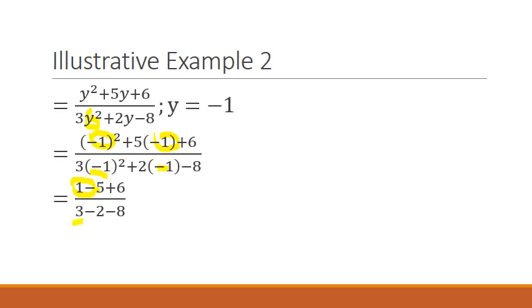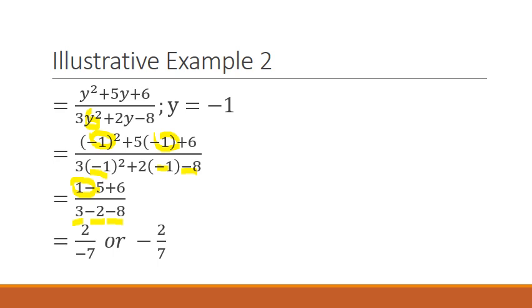And then 2 multiplied by negative 1 is negative 2, or minus 2, and then minus 8. Simplifying further, we have 1 minus 5 plus 6, which is 2. 3 minus 2 minus 8, which is negative 7. Or, simply putting the negative sign in front, which is negative 2 over 7.